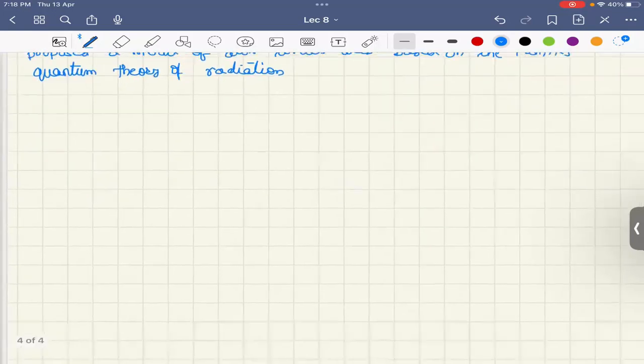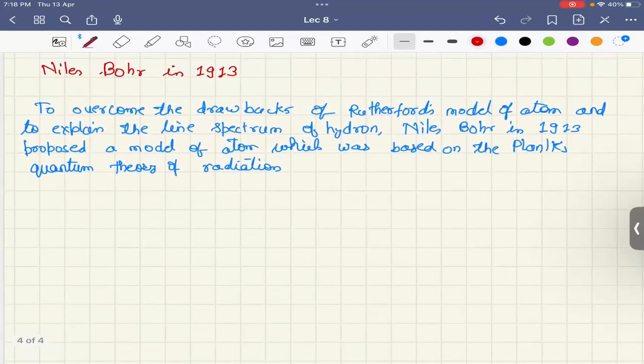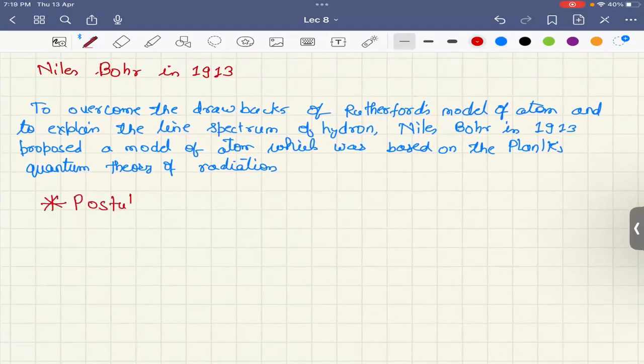So we are going to study the postulates of Bohr's atom or Bohr's theory or model.